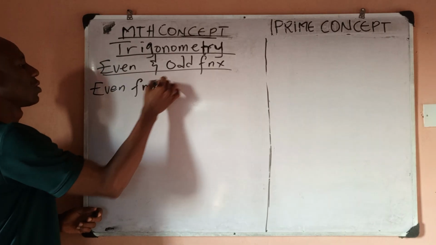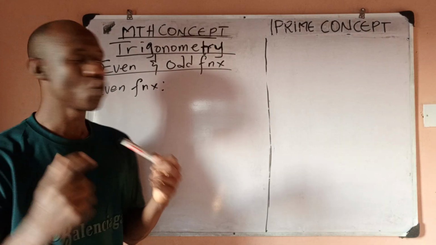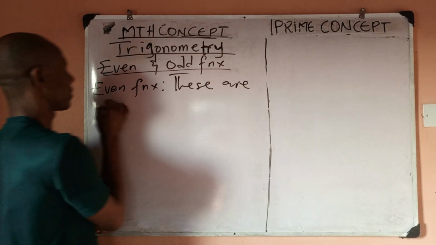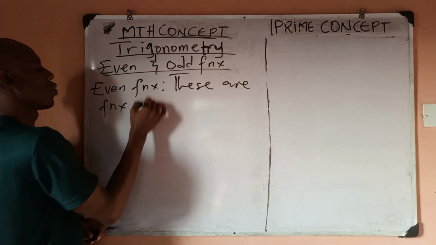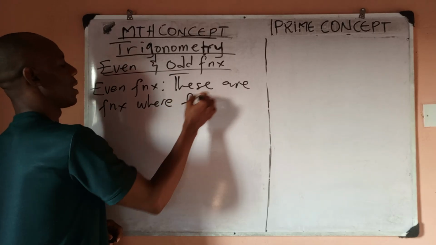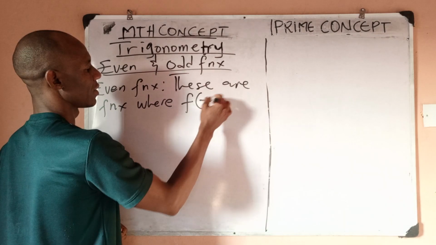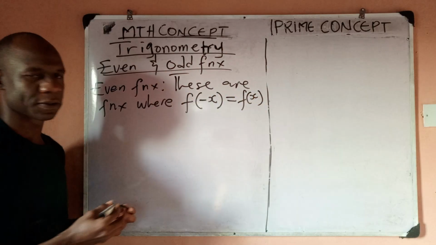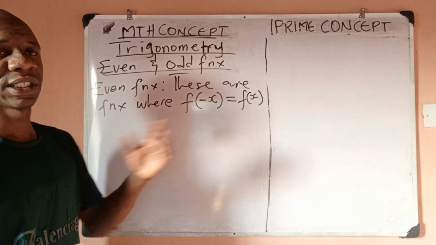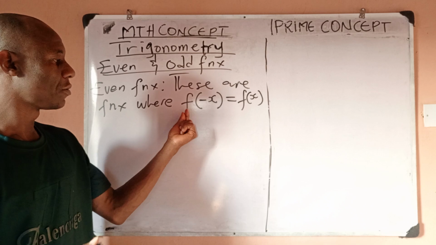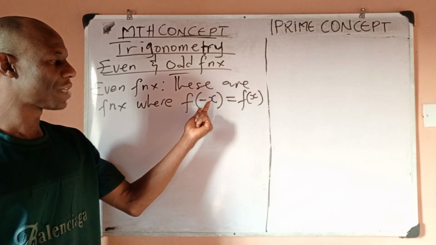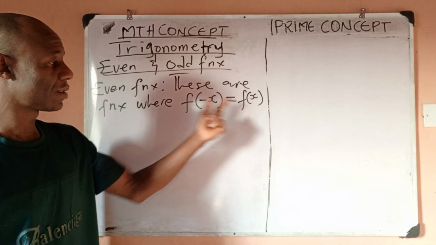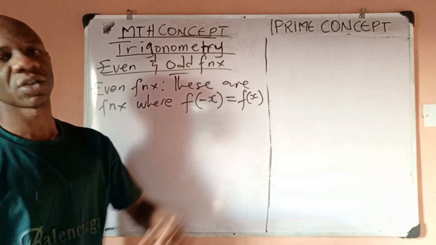Even functions are those functions where f of minus x is actually equal to f of x, right? A trig function is said to be even if the negative of that function's argument gives the function itself.